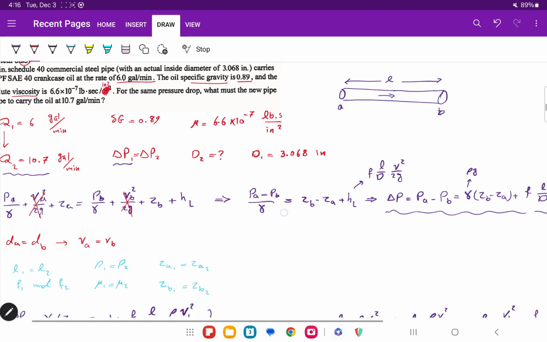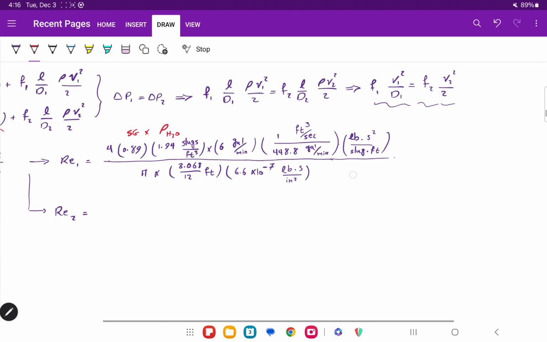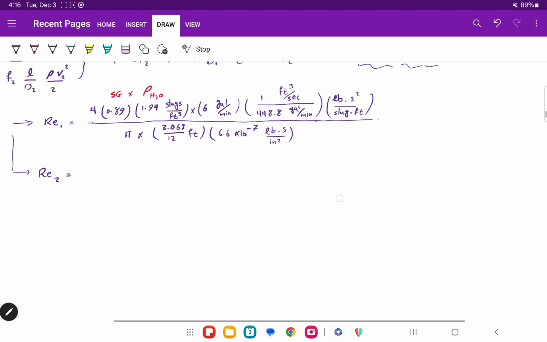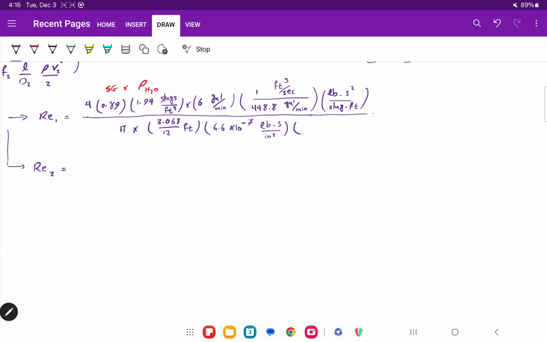Inch square. Okay. And then we have to convert inch square to feet square. Okay, so the Reynolds number in the first situation equals 1210, which is smaller than critical Reynolds number. So we have laminar flow.